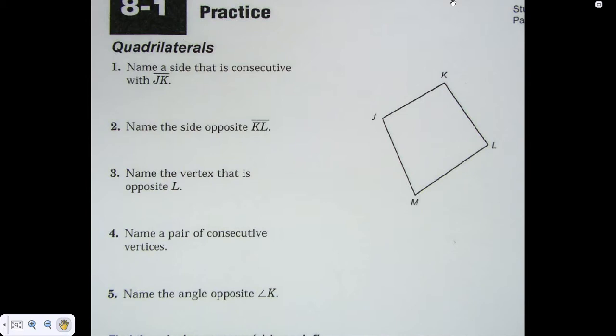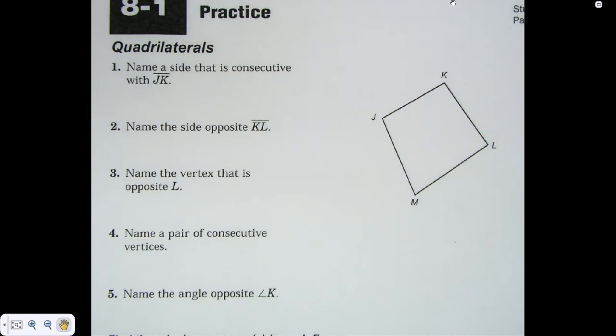How we doing? Everybody got this down? Almost? All right, we ready?